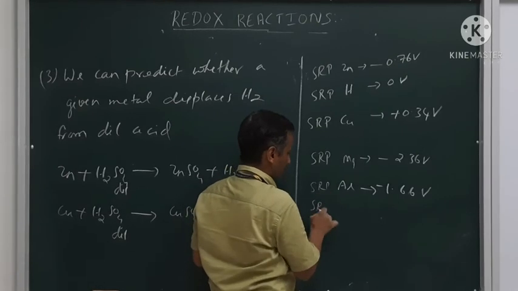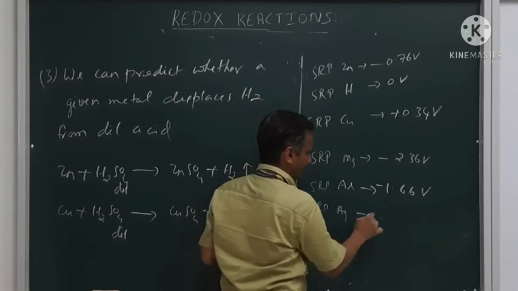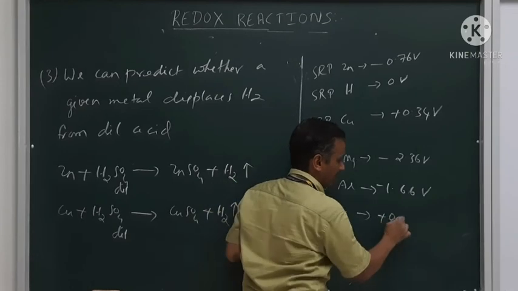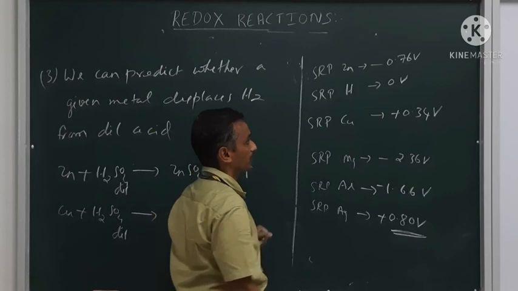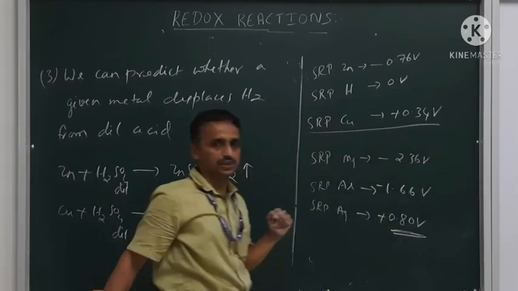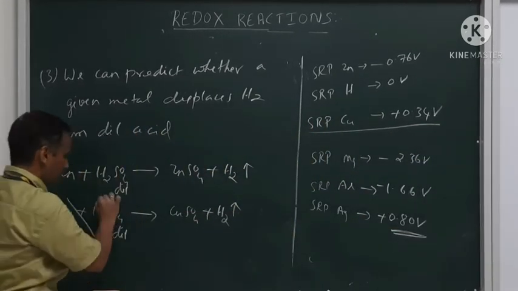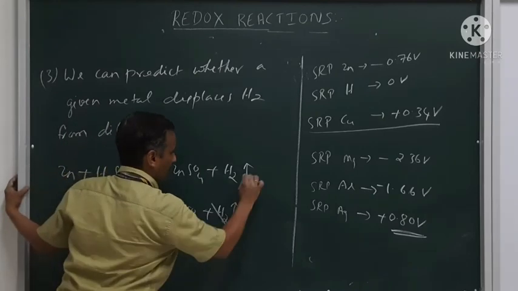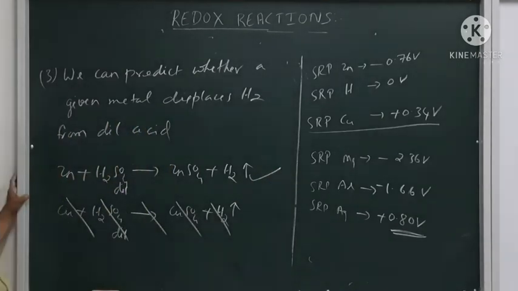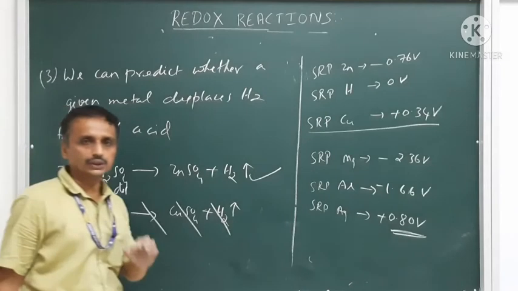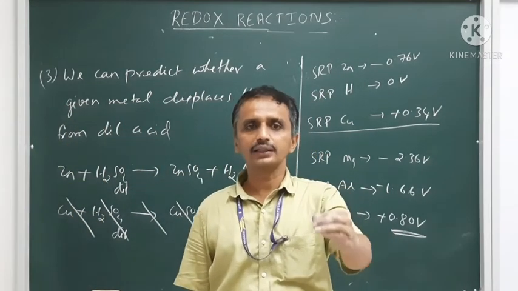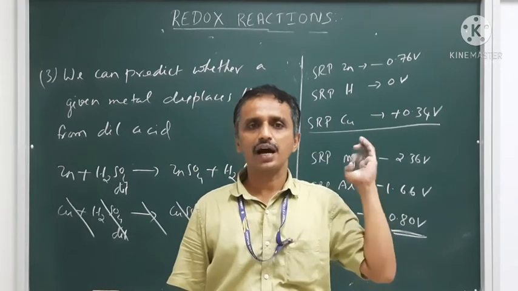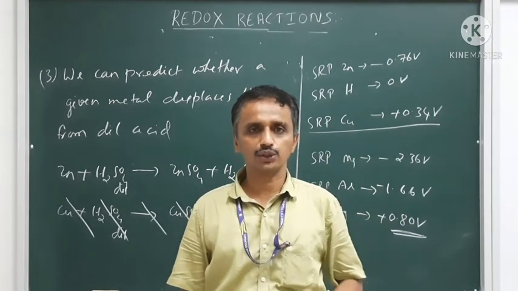Whereas the SRP value of silver is plus 0.80 volt, so this cannot displace. This reaction cannot occur. So by knowing the SRP value, we can predict whether the given metal displaces hydrogen from dilute acid or not.